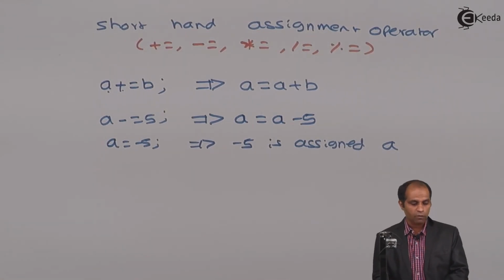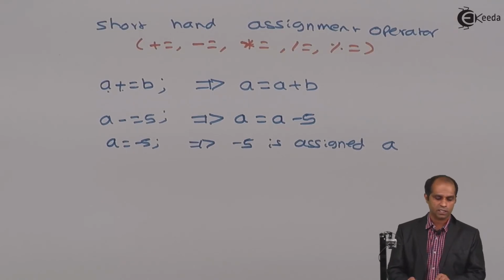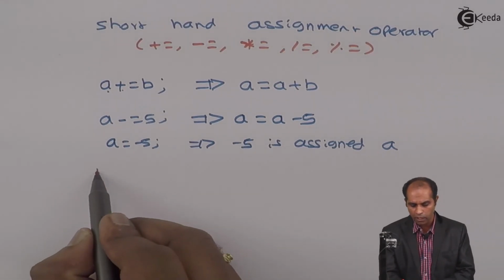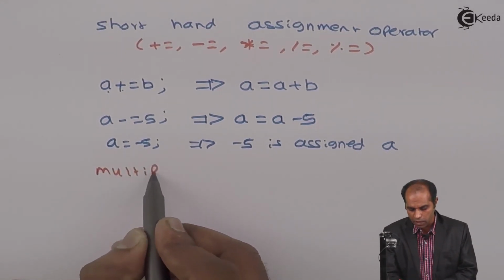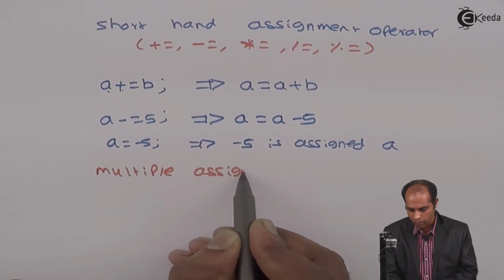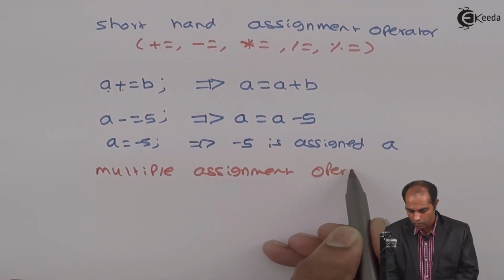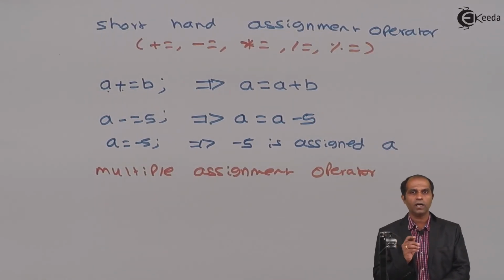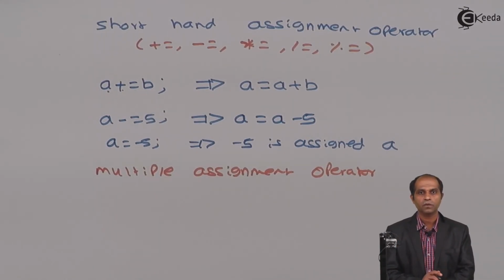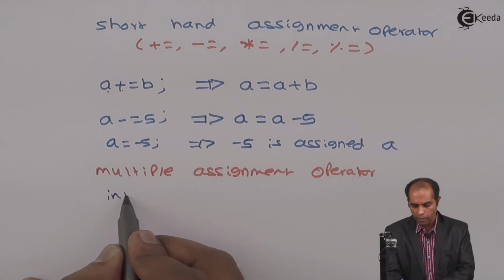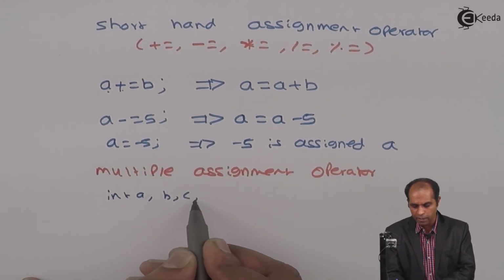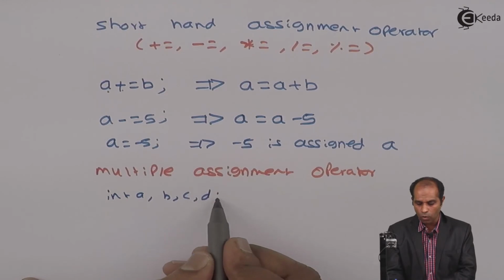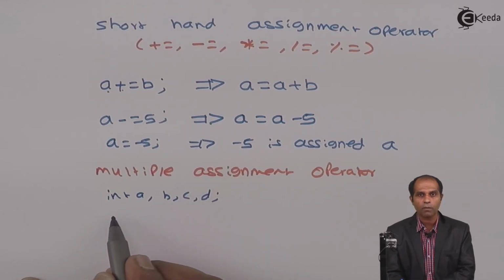Apart from this, we have one thing called the multiple assignment operator. What do I mean by multiple assignment operator? Whenever a value has to be associated with multiple variables, suppose I have int a, b, c, d, and all these variables need to be associated with a common value.